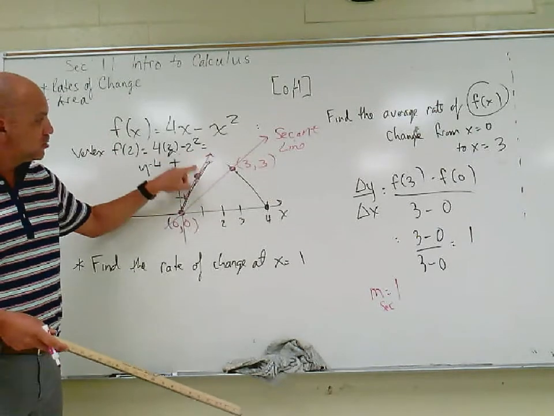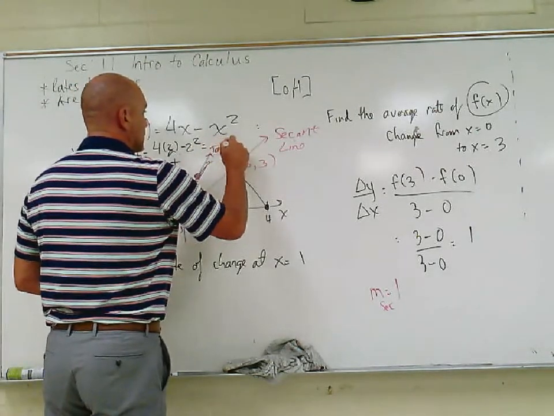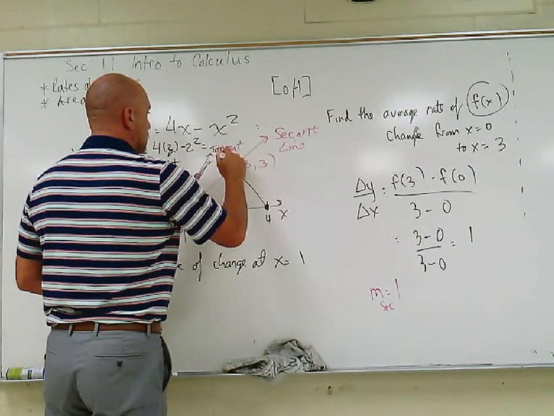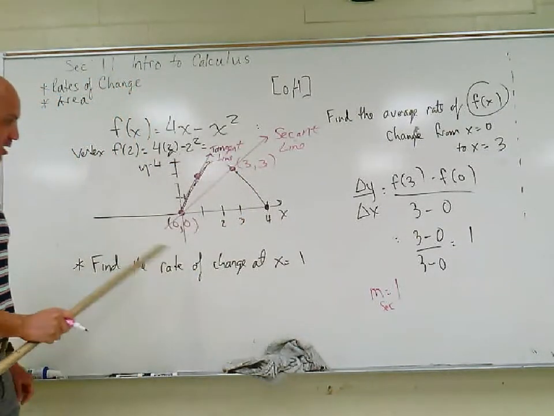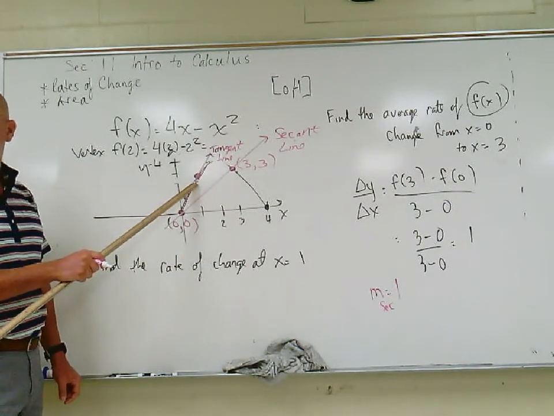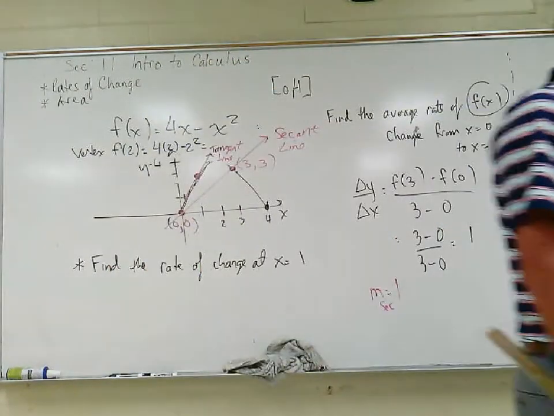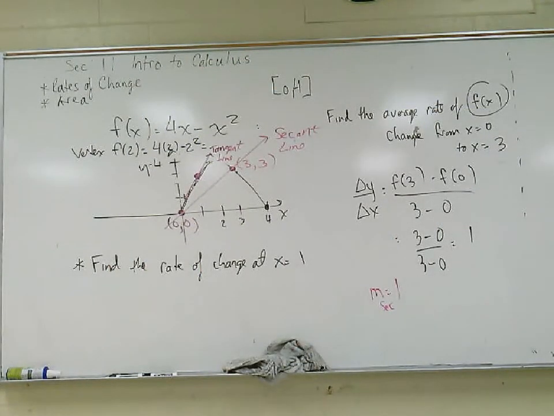A line that touches 1 point on the curve is called a tangent line. So notice I didn't put average. I said I want to find the rate of change at x equals 1. What's missing? If I want to do rate of change, what do I need? Change means I got to do what operation? Subtraction. So what's missing?